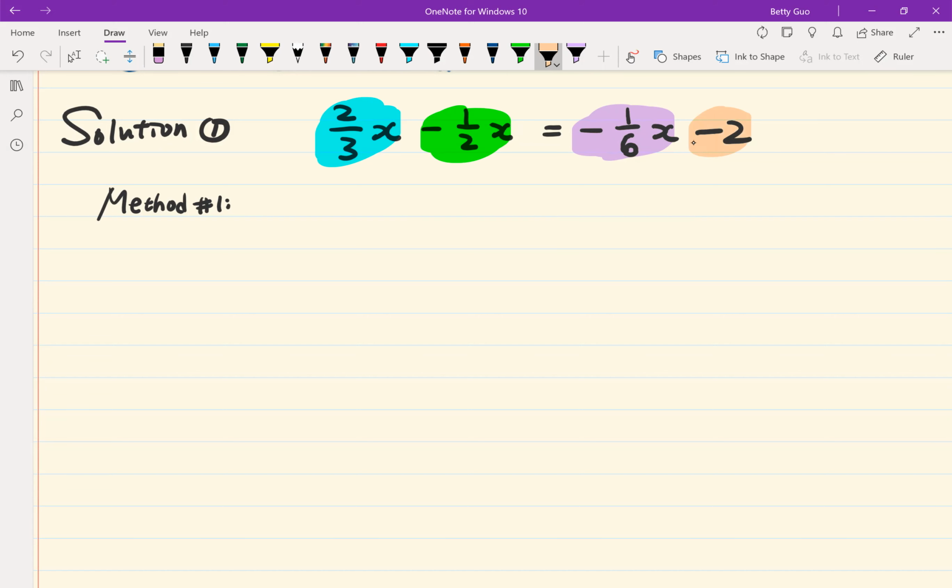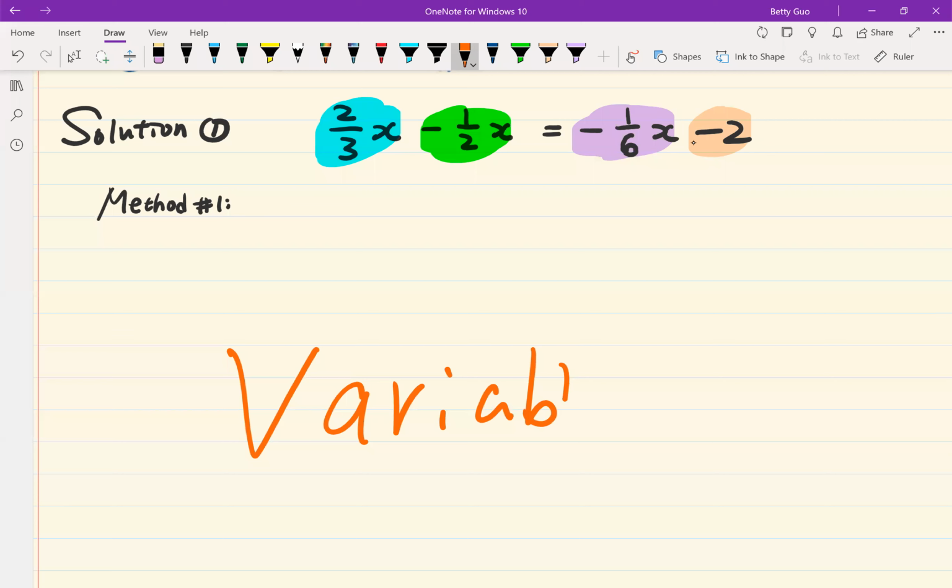Very good. 4 terms. How many of them are variable terms? We talked about this concept yesterday. Variable terms are the terms that contain the variable x. It's different from a constant term.